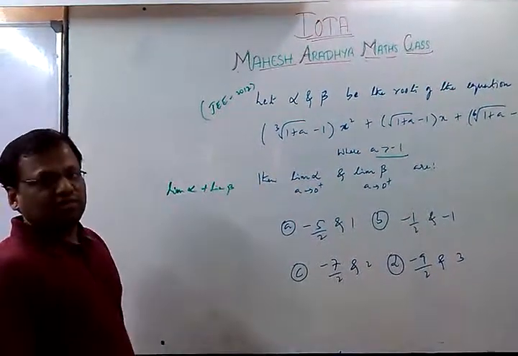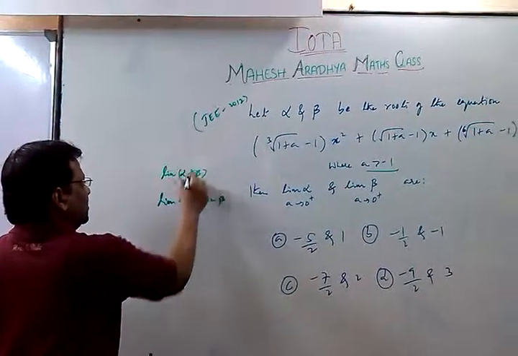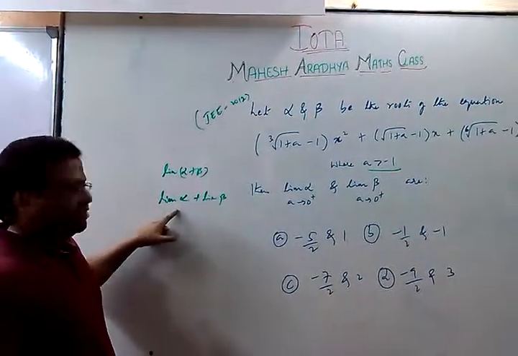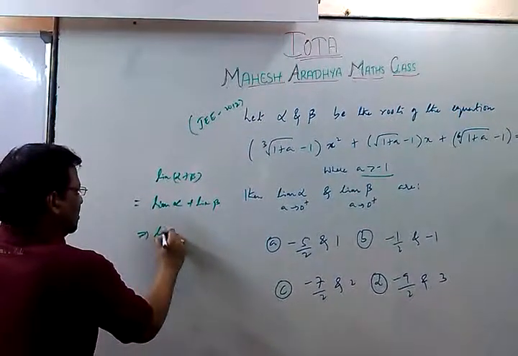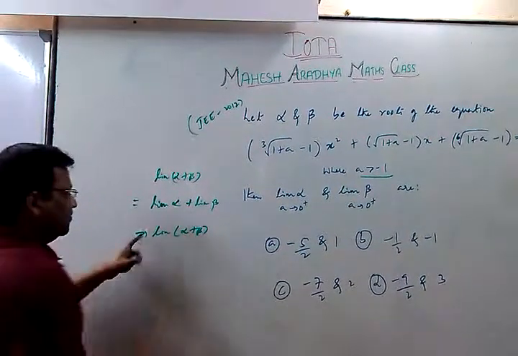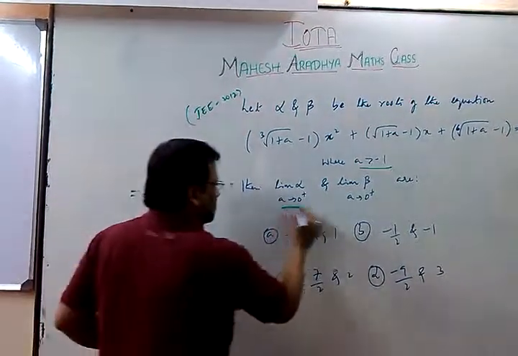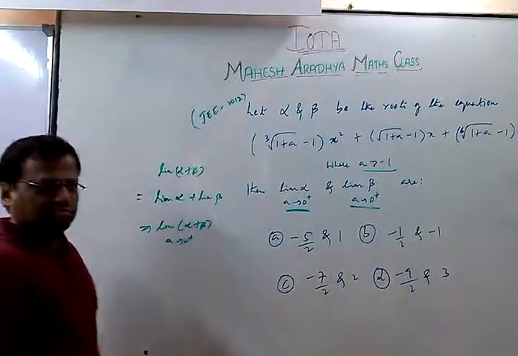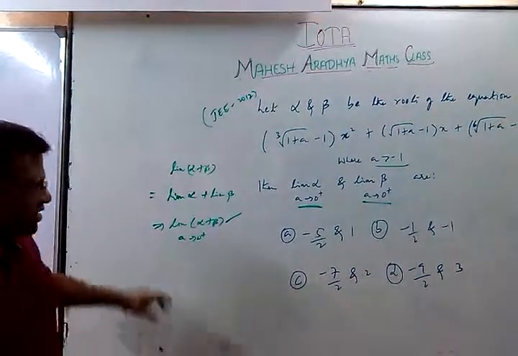I can write this as limit of alpha plus beta, because a is tending to 0 and the limit is common, so I have the liberty to write like this, right?